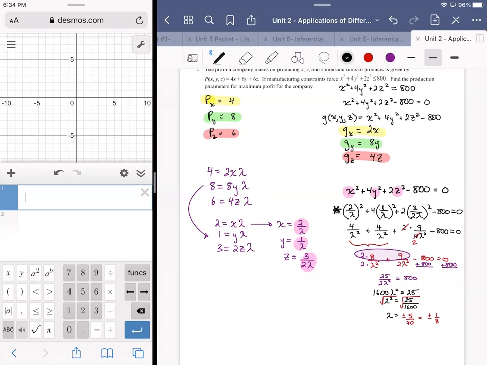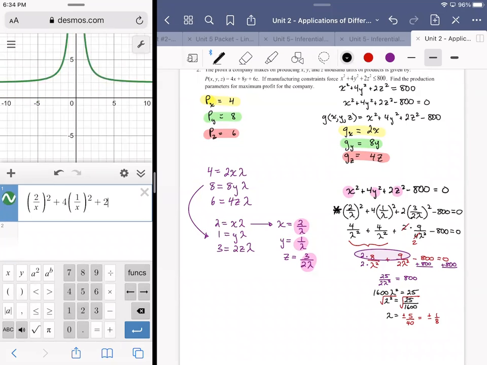I'm just going to use x instead, right? So 2 over x squared plus 4 parentheses 1 over x. And my crappy lambdas look almost like x's anyway, so if you kind of blur your vision, you can convince yourself that they're x's. It makes you sleep at night.